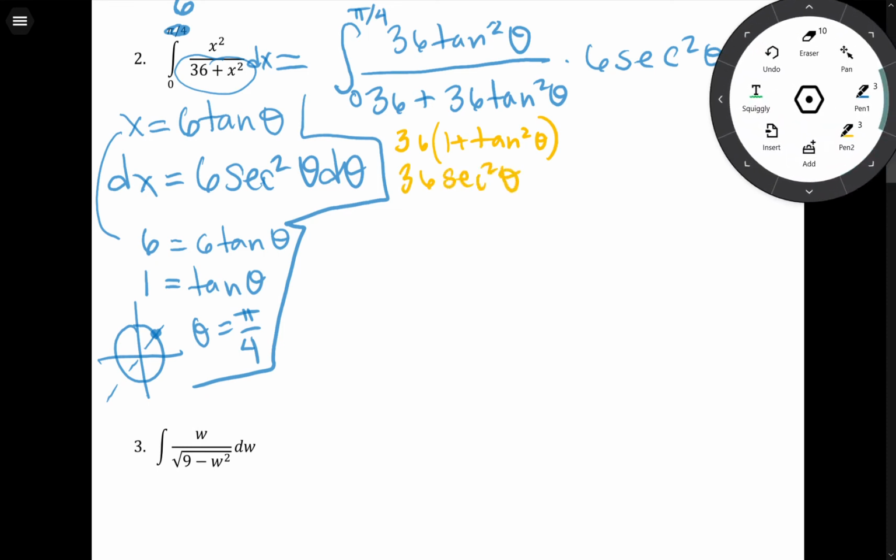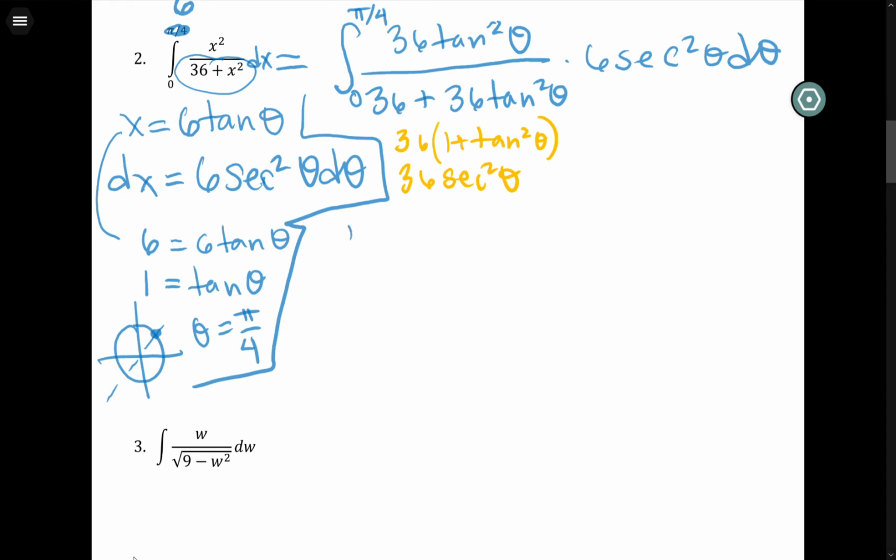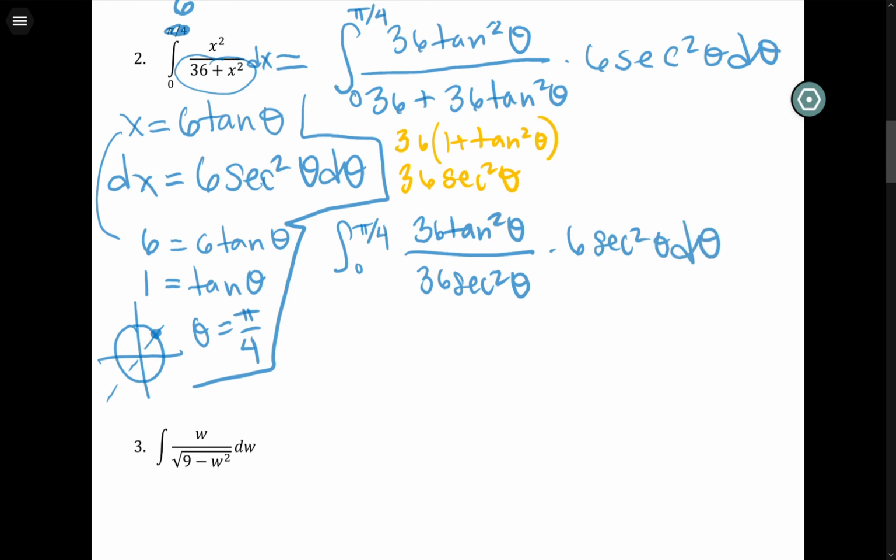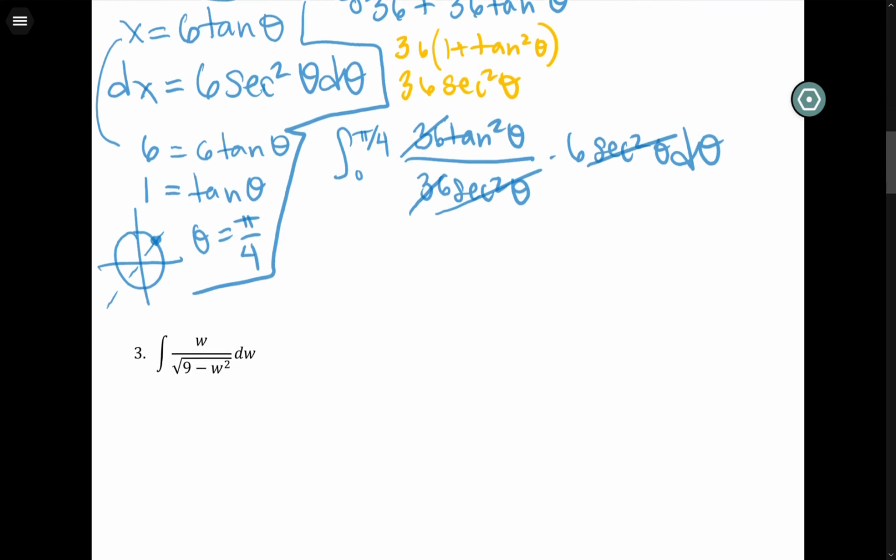So this is going to turn into the integral from 0 to pi over 4 of 36 tangent squared theta over 36 secant squared theta times 6 secant squared theta d theta. Looks like the 36's are going to cancel out, and the secant squared is going to cancel out too. So I'm going to be left with 6 times the integral from 0 to pi over 4 of tangent squared theta d theta.